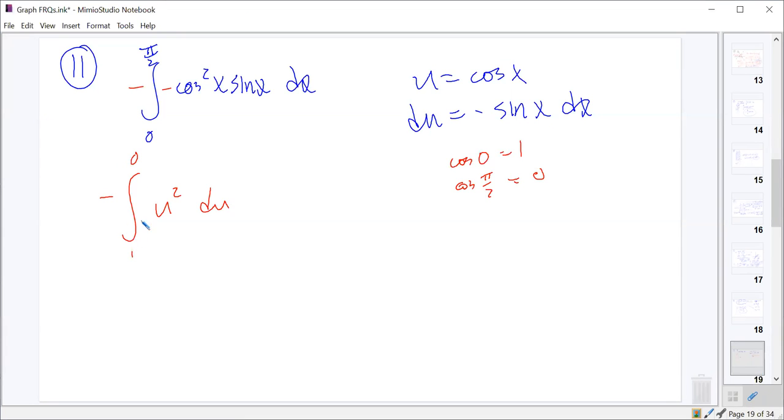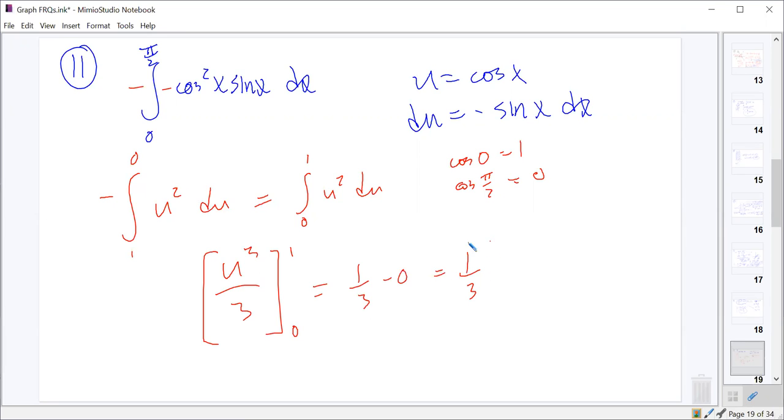And if we want to make this a little bit easier, we'll flip our limits and get rid of the negative sign. So this is just the integral from 0 to 1 of u squared du, or u cubed over 3 from 0 to 1, or a third minus 0. Looks like that's choice D. Any questions or issues there on number 11?